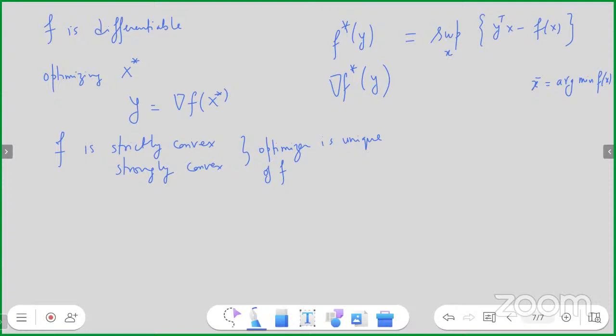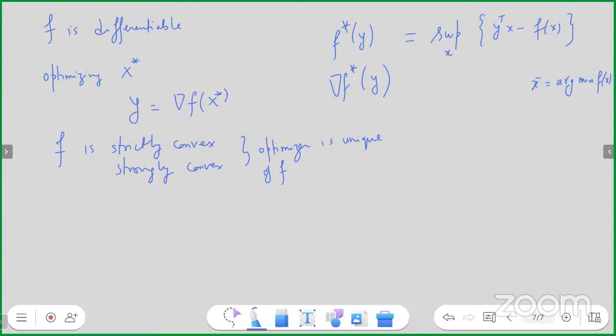Okay, so what? Where f of x is minimum. If this is unique, is this also unique is the question. Why? For minus f of x, it will be the supremum. And y transpose x is just a shift.